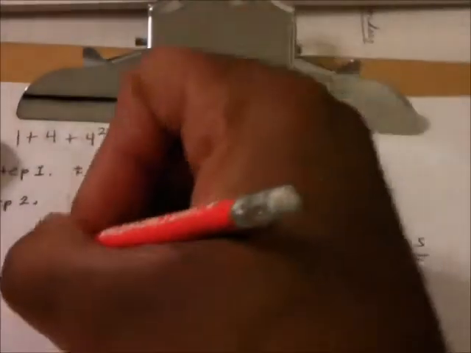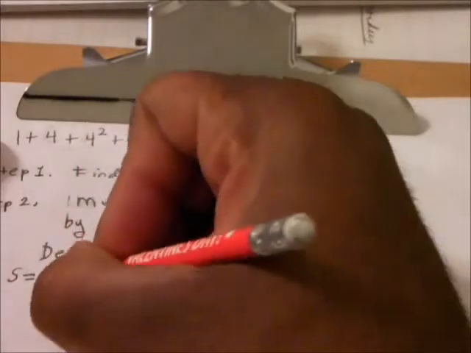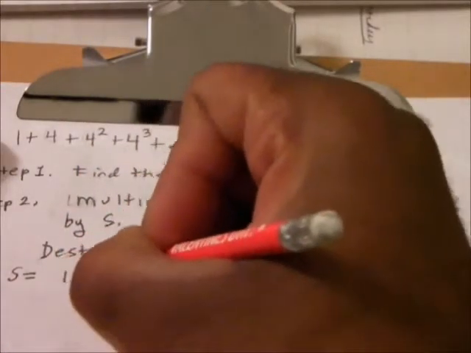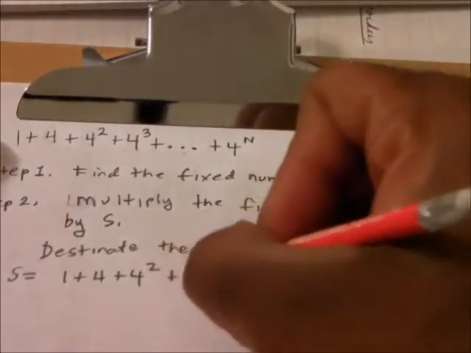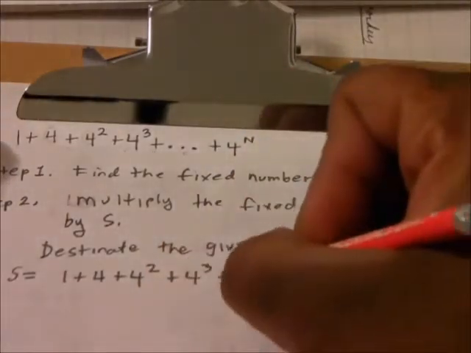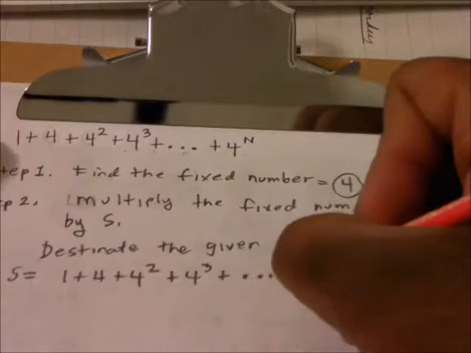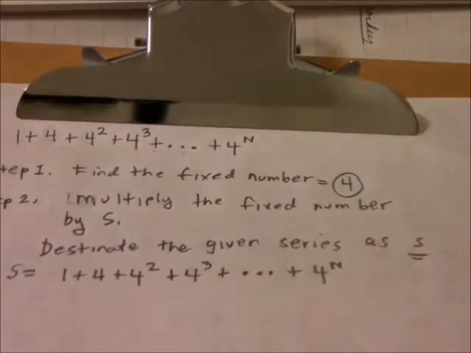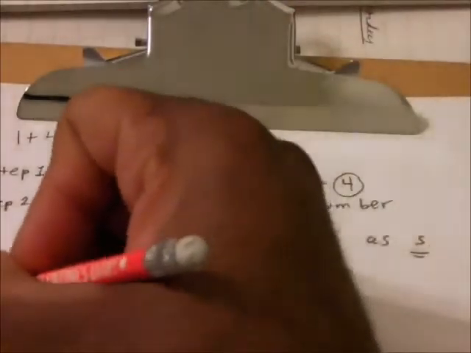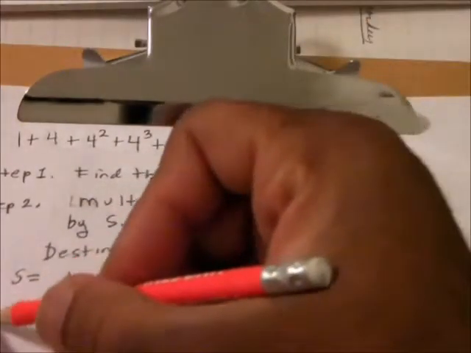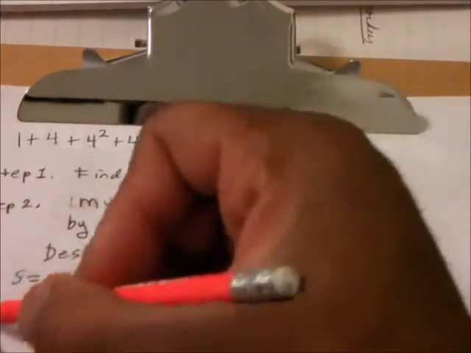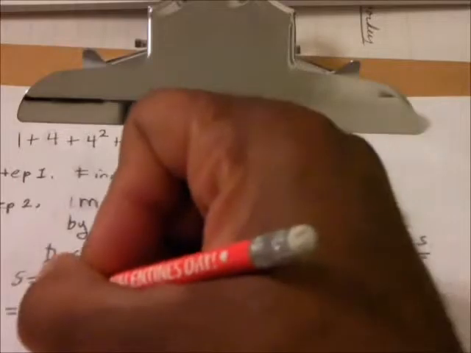That means that s will equal 1 plus 4 squared plus 4 to the third plus dot dot dot, which is infinity, 4 to the n power. Okay, now this is where we'll multiply the fixed number by s. 4s. So we're going to multiply everything that was s by 4. So in this case, we're going to have 4.